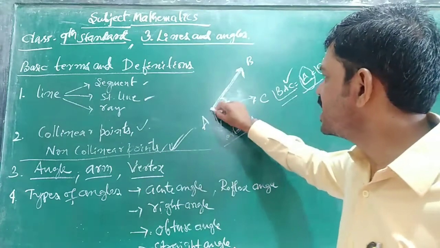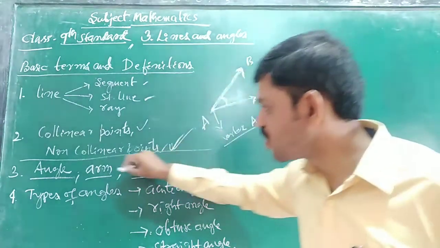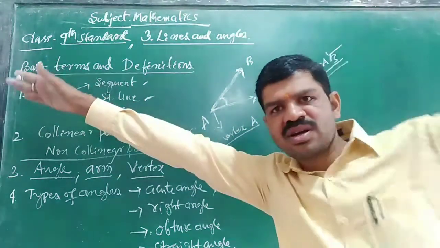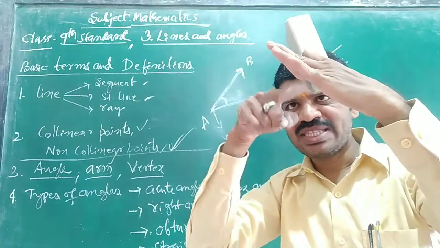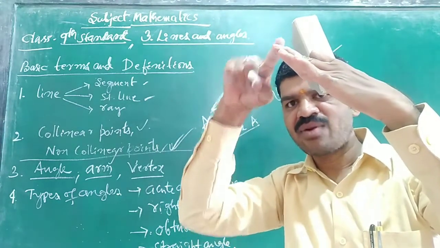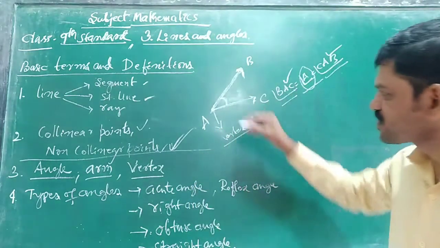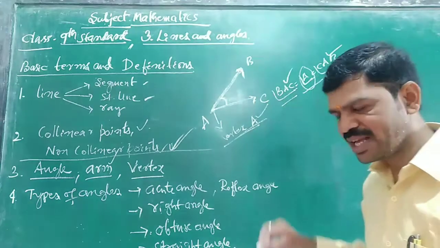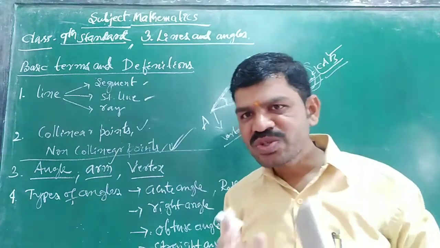So AB is a ray, or we can also call that an arm. One arm, another arm touches like this. So this is an angle, and outside is the vertex. Vertex is written as only A, angle is written as angle A. So you have understood now.